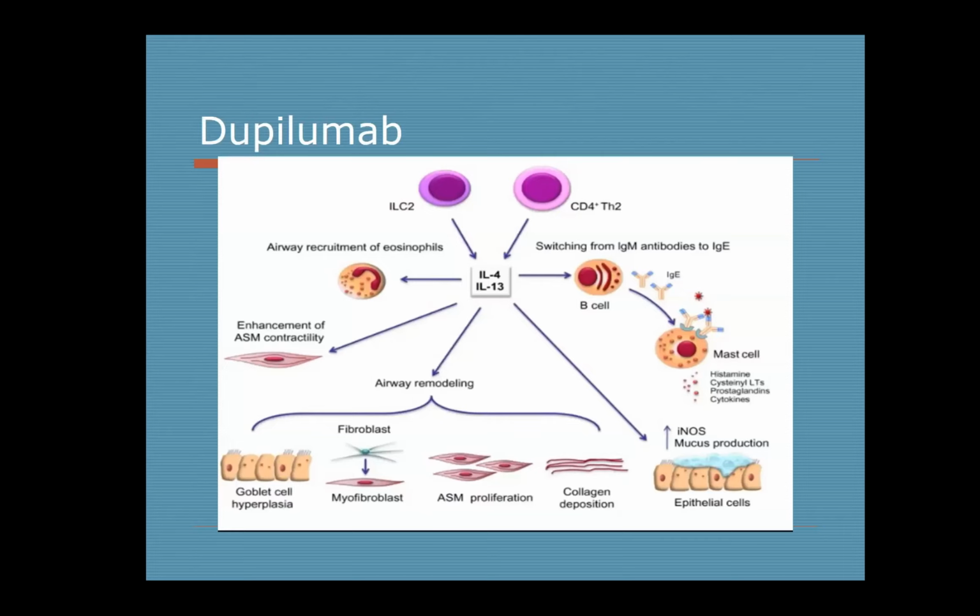So here's your IL-4, IL-13, airway recruitment is blocked, but also you have what we hope to be a very good effect on the chronic side effects of asthma, epithelial and mucus production, increased basement membrane collagen deposition, etc.